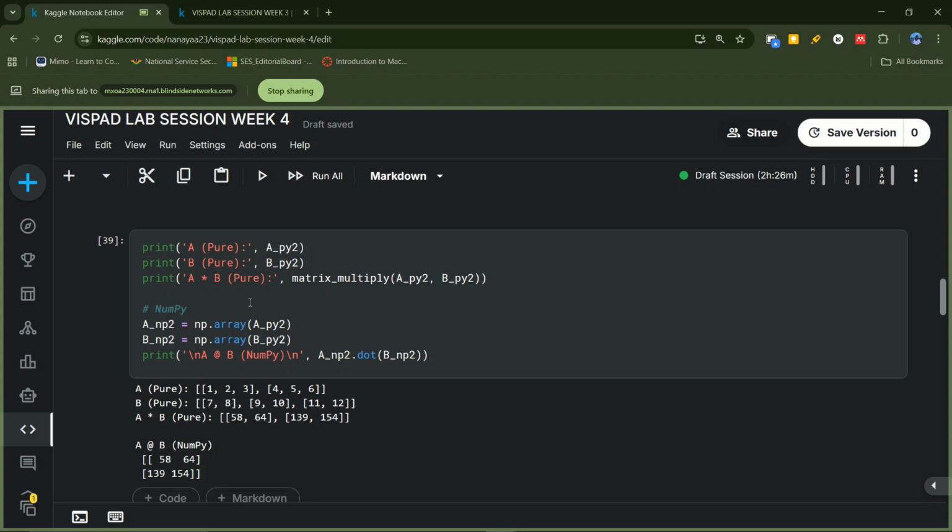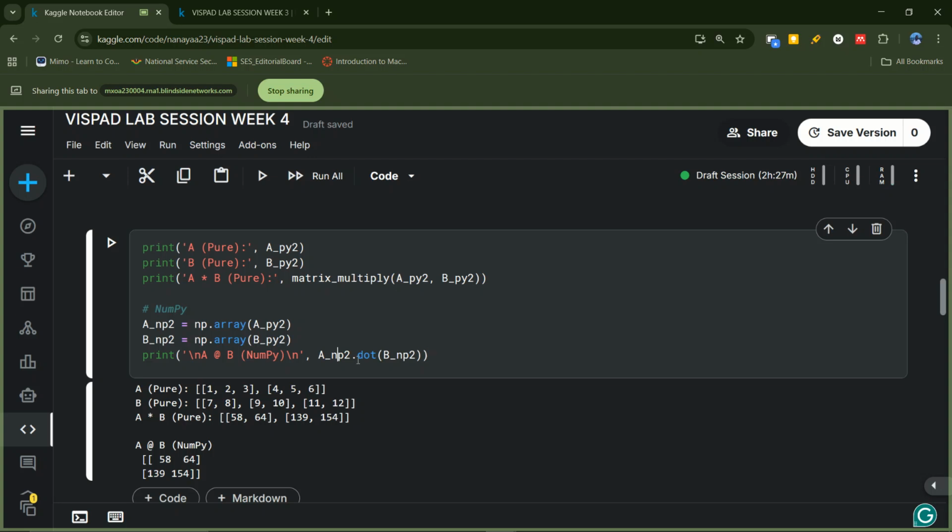But with NumPy, we're able to import it, define your array or convert your Python list into a NumPy array, then use the dot. So that is it for matrix multiplication. NumPy is so easy. Just use your dot, then you are good to go.